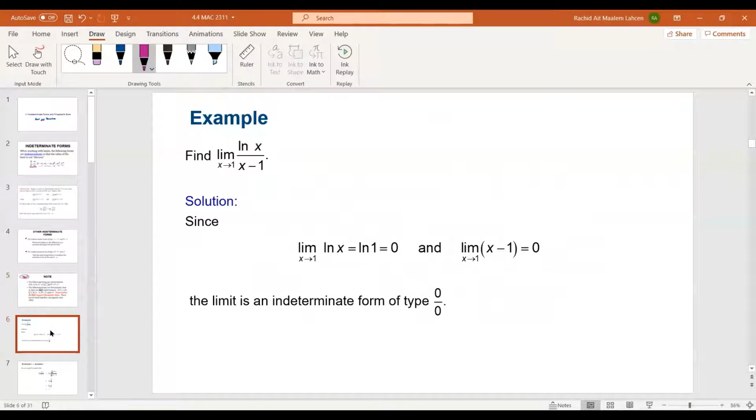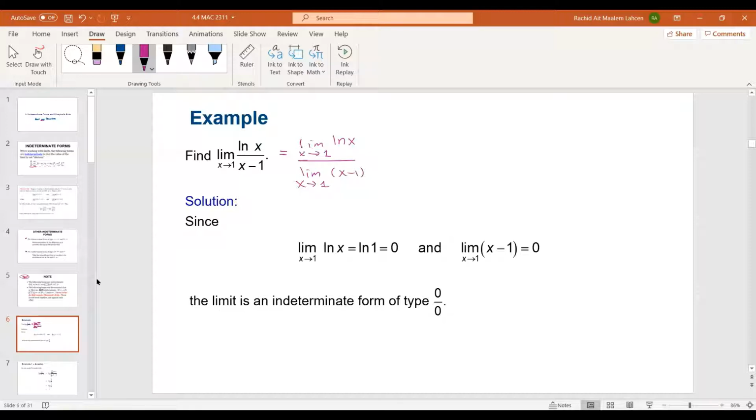So let's see a few examples, and we do some from the homework. Let's say we have this limit as x approaches 1 of ln x over x minus 1. Usually we use the quotient rule: the limit of ln x as x approaches 1 divided by the limit as x approaches 1 of x minus 1.